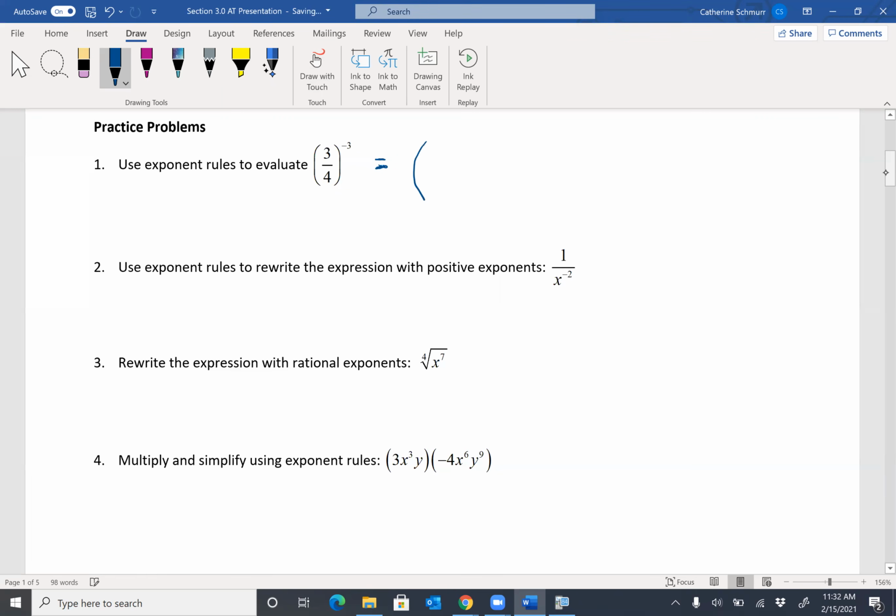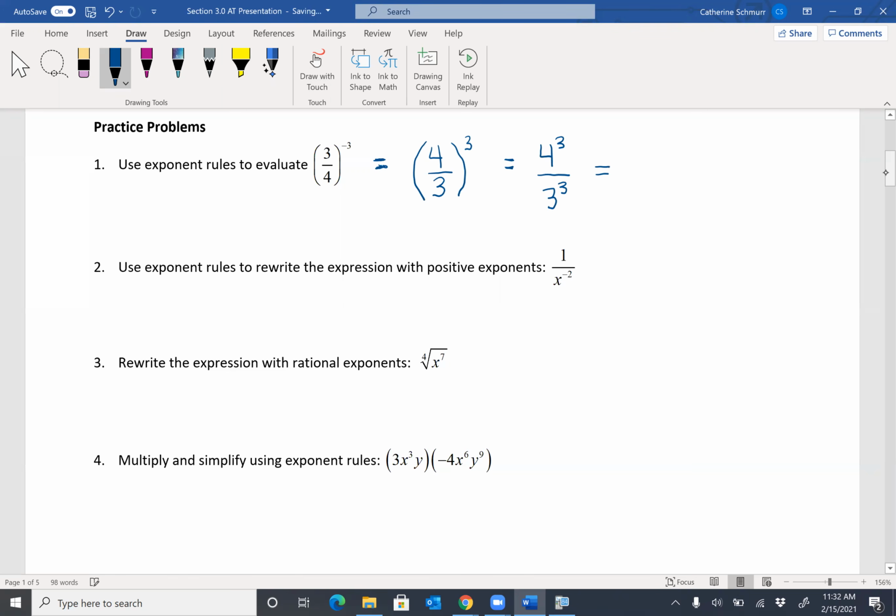So I'm going to rewrite this as 4 over 3 to the positive third power. Now I'll use the rule that says that if I have 4 over 3 to the third power, I can rewrite that as 4 to the third over 3 to the third.